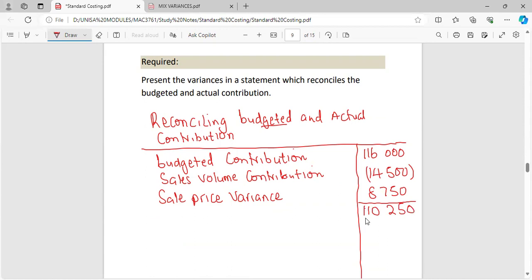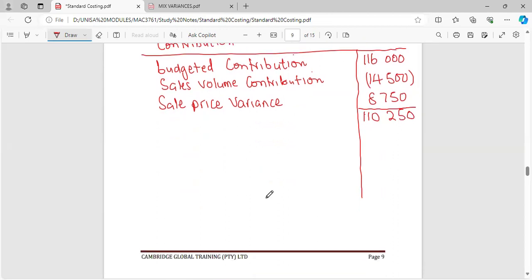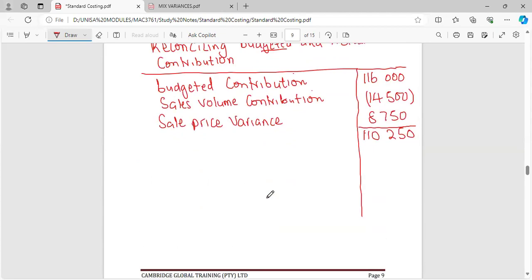And when we have this adjustment for the sales variances, then you can now go to your cost variances.